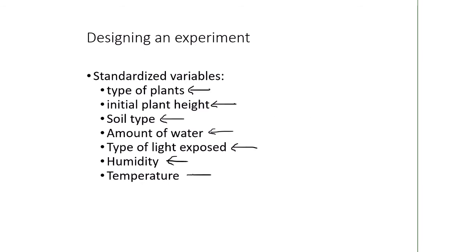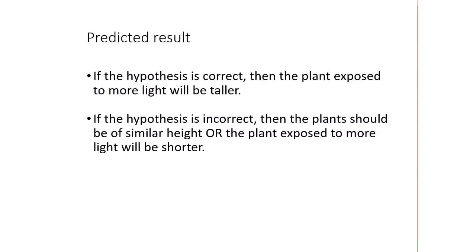Humidity, temperature, right? So we want to fix all these things, standardize all these variables, keep them constant, so that we know when we see a different height in the end, the reason for it is because of the single variable that we changed. In this case, the amount of light.